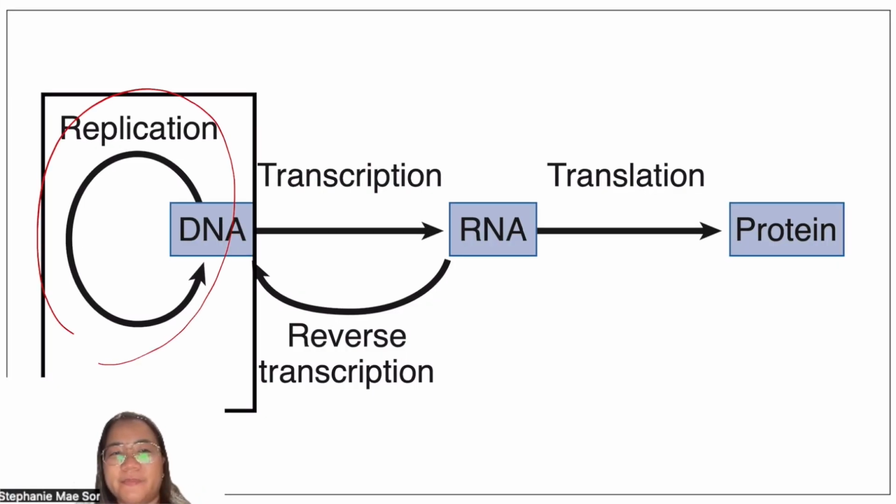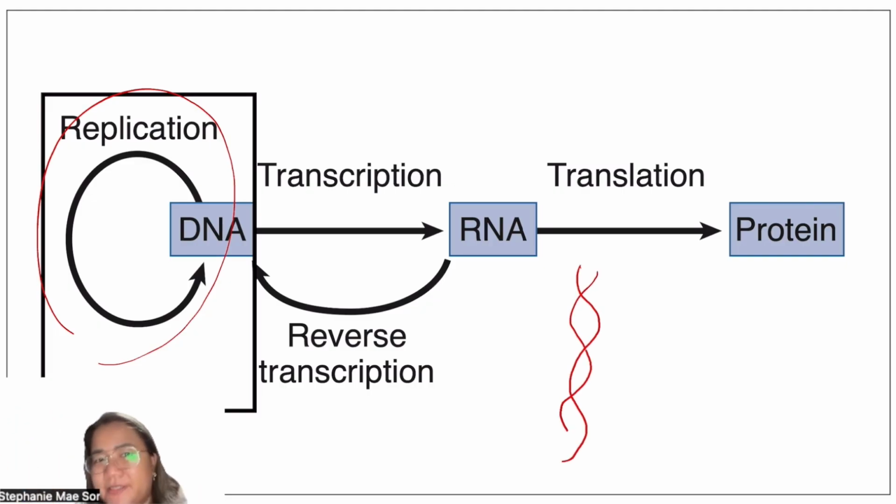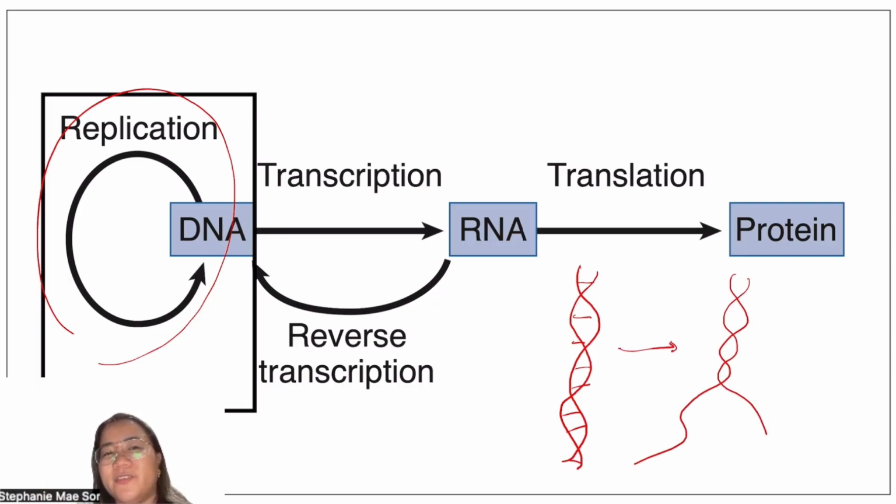So, how does DNA replication occur? Diba sabi natin, you have a DNA double helix. So, para kang may ladder, tapos tinwist mo siya, or meron kang spiral staircase, that's a DNA double helix. So, you want to replicate that, of course, you have to unravel your DNA. So, how do you unravel your DNA? First, you separate the two strands of DNA, and then each strand will act as a template.